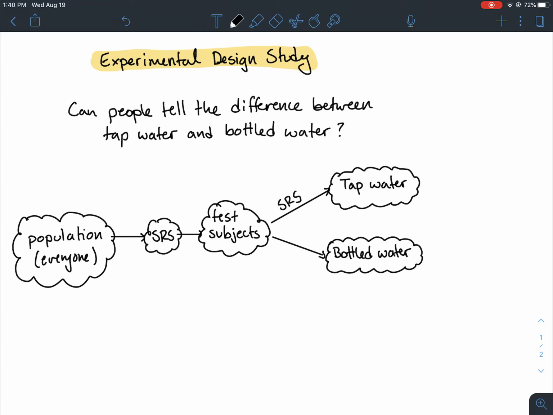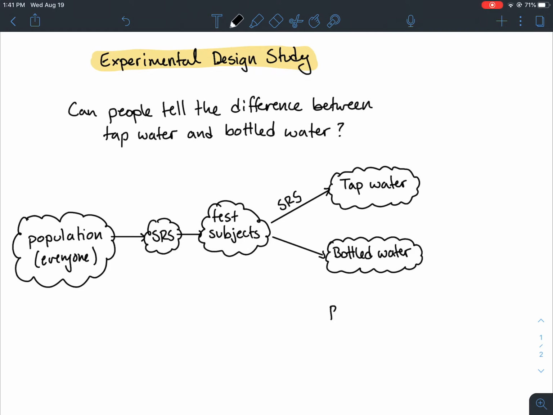So I have these two groups of people that are getting different things. And then what I'm going to do is I'm going to have them taste the water and say, do you think this is tap or bottled? And see what their responses are. The key, though, is that they don't know which one is tap and which one is bottled.